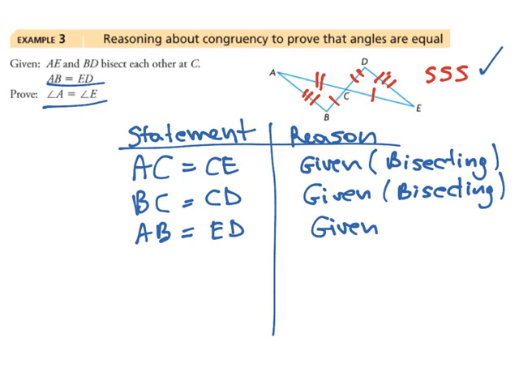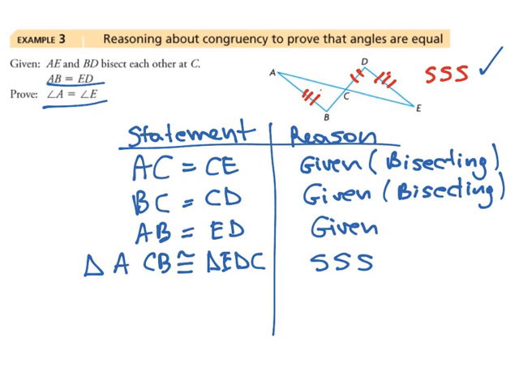Therefore, we could say that triangle ACB is congruent to triangle EDC because of SSS. If I look at my picture, it's a little bit off. I have to take some wrong positions. We have 2 ticks, 2 ticks, 1 tick, 1 tick. Hopefully that didn't mess you up.